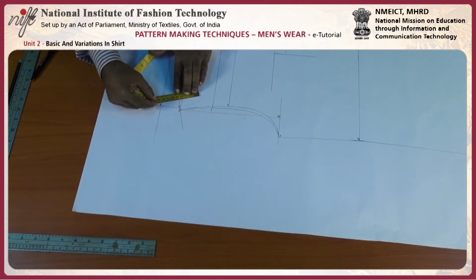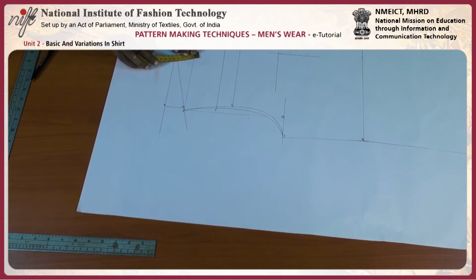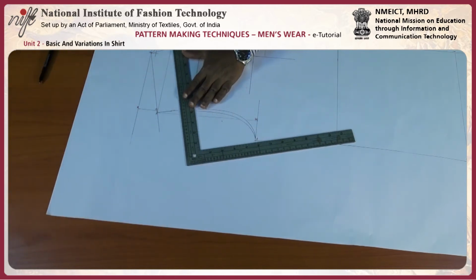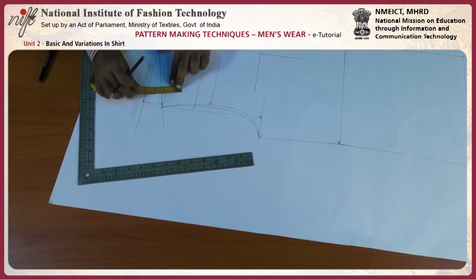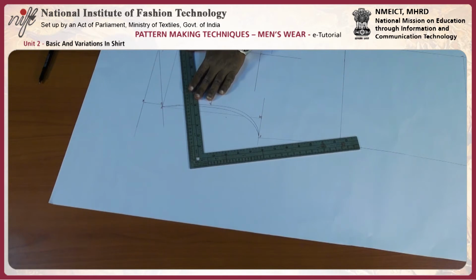For that you can measure 4.5 centimeter parallel to the natural shoulder and draw a line. It should be 4.5 centimeter.